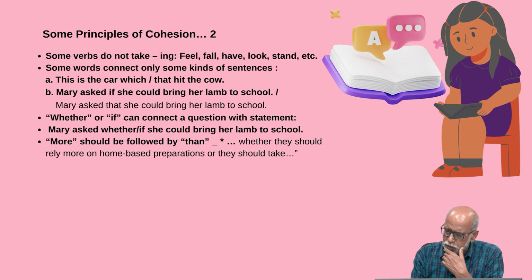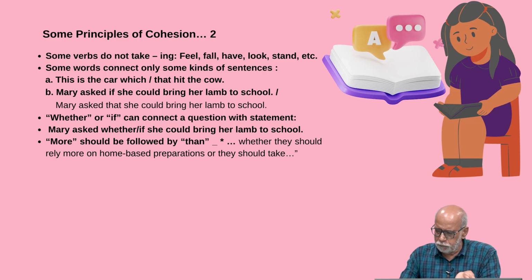It should have been whether they should rely more on home based preparation than, this should be correct. But no need even for lengthy sentence. If you use rely, one is enough. You could simply say whether they should rely on home based preparation. No need for more. It implies that home based preparation is preferable to market solutions.